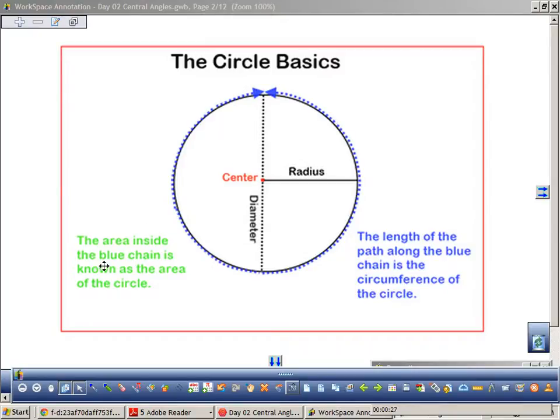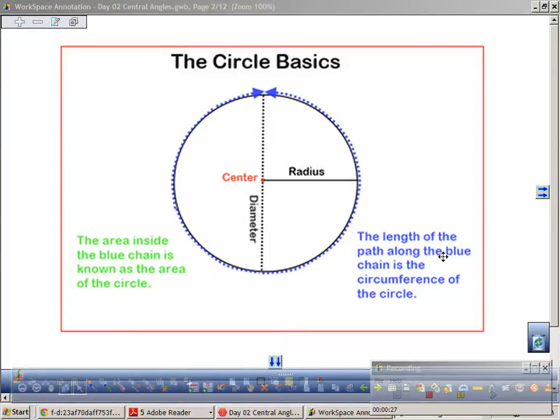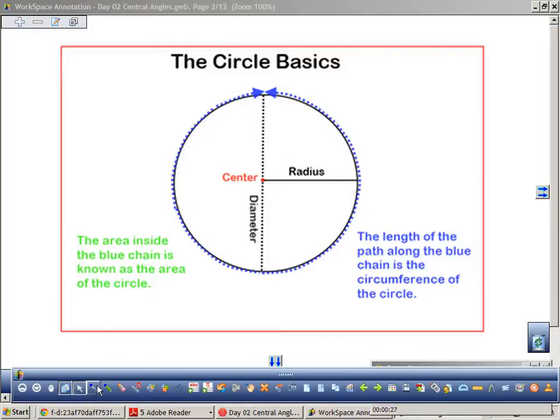So the area inside the blue chain is known as the area of the circle. This is pretty basic. The length of the path along the blue chain is the circumference of the circle. So all the way around is the circumference. And most of you should know that if you go all the way around in a circle, that's 360 degrees.